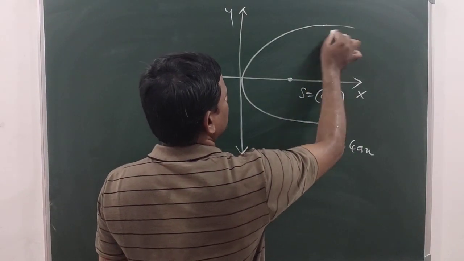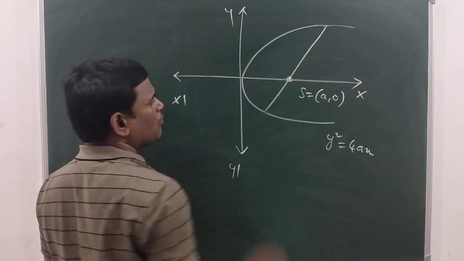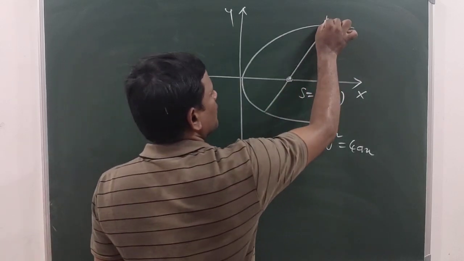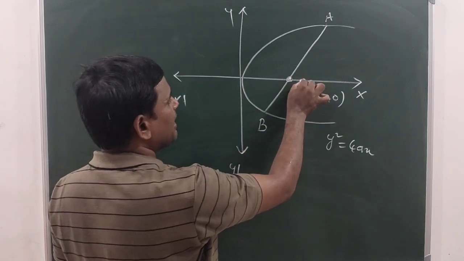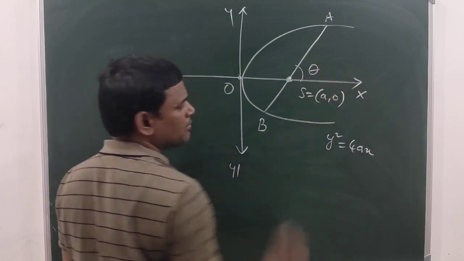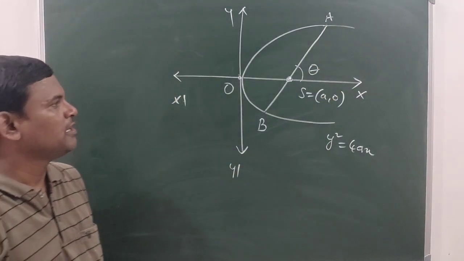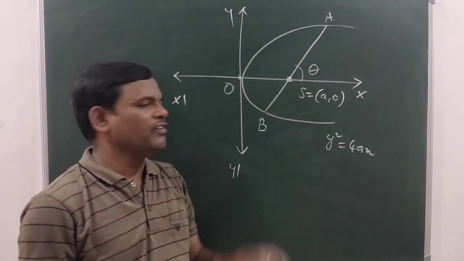Right students, see here. What is this? Focal chord. So AB is a focal chord. It is making an angle theta with the axis of the parabola, that is the x-axis. Then find the length of AB.